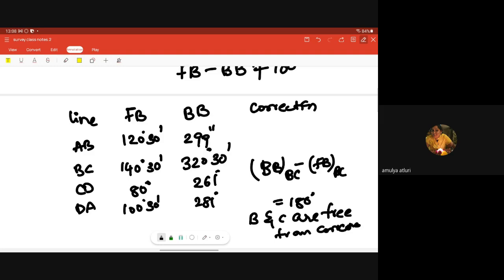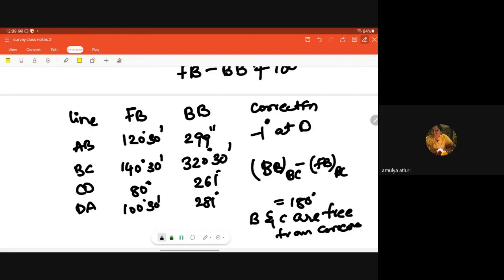And if we go with the forebearing of CD and the forebearing of DA, then there will be a 1 degree correction: minus 1 degree correction at D and minus 1 degree 30 minutes correction at A. You need to draw the traverse and check the forebearings and back bearings. The difference must be equal to 180. Then there is no local attraction and it is error free. If there are any errors, we need to add or subtract depending on whether it is more or less than 180.